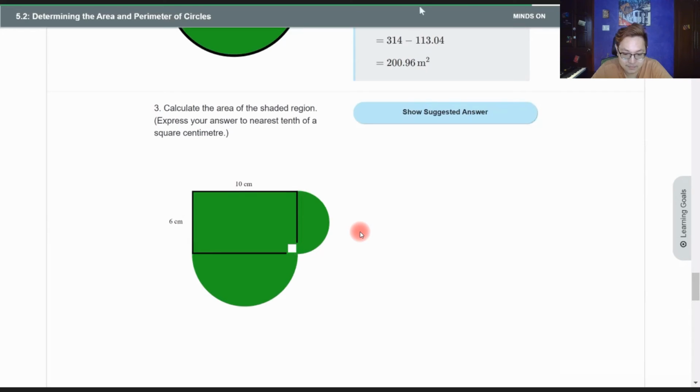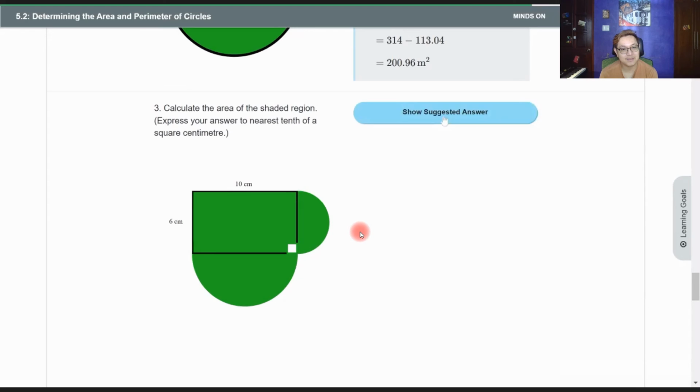Okay, so calculator. So the total area should be 103.4 centimeters squared for this.